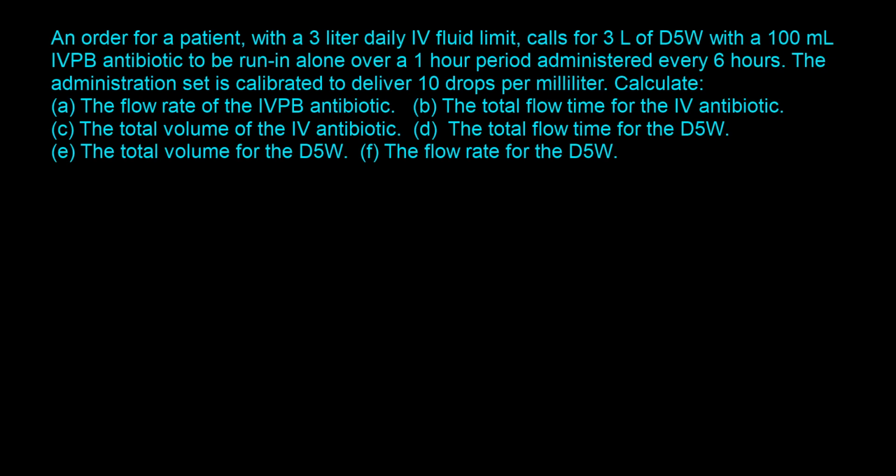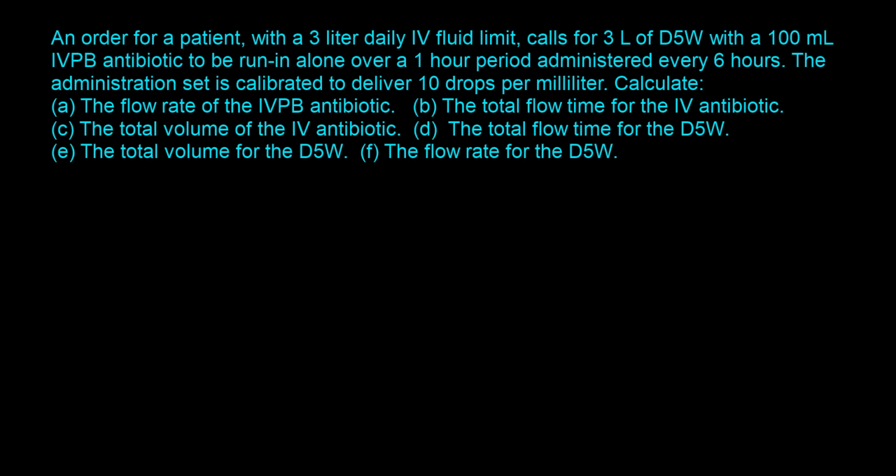This question says, an order for a patient with a 3-liter daily IV fluid limit calls for 3 liters of D5W with a 100 milliliter IVPB antibiotic to be run in alone over a 1-hour period, administered every 6 hours. The administration set is calibrated to deliver 10 drops per milliliter.